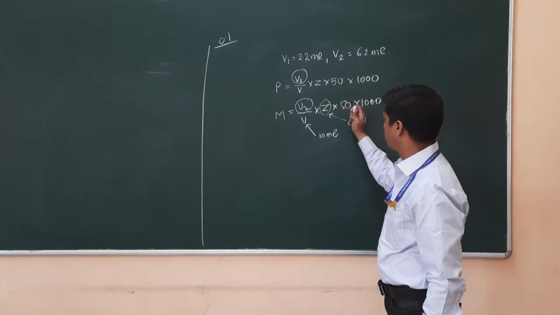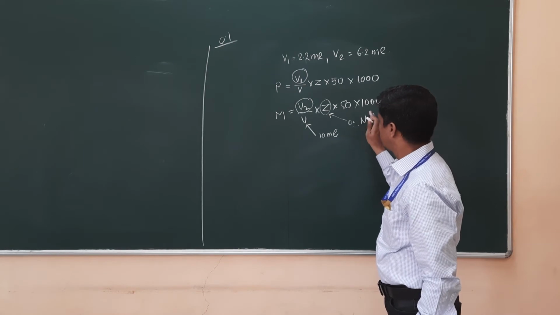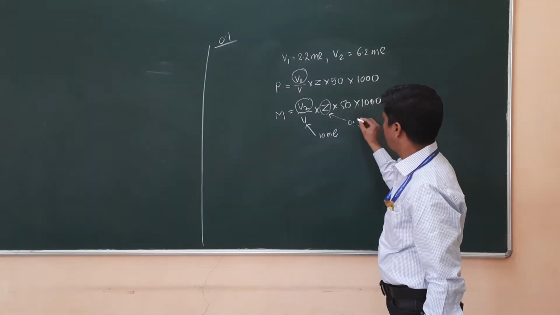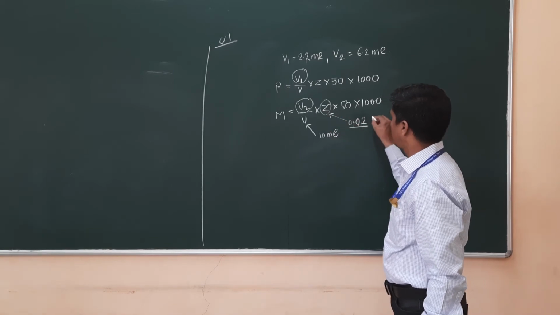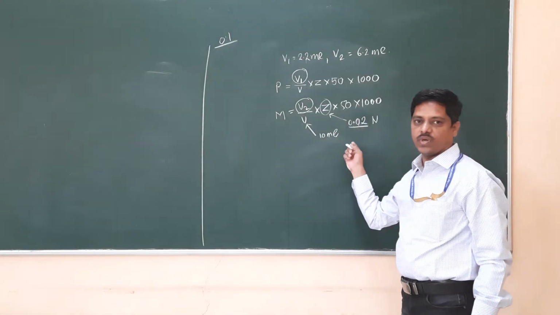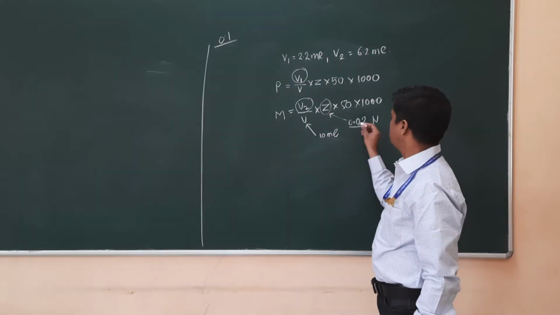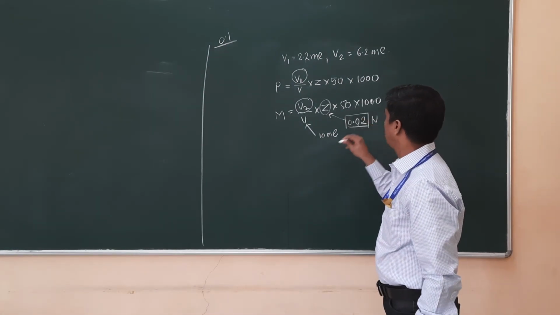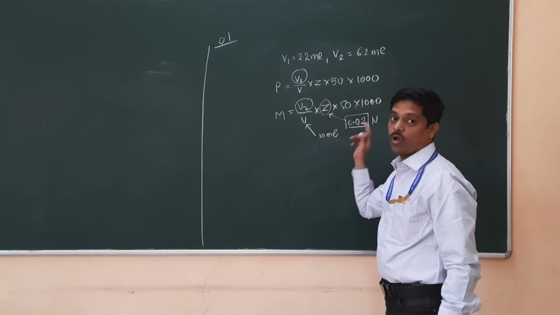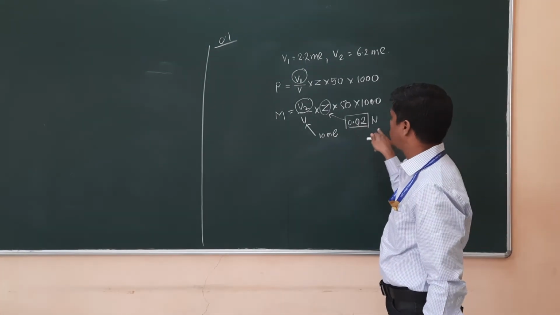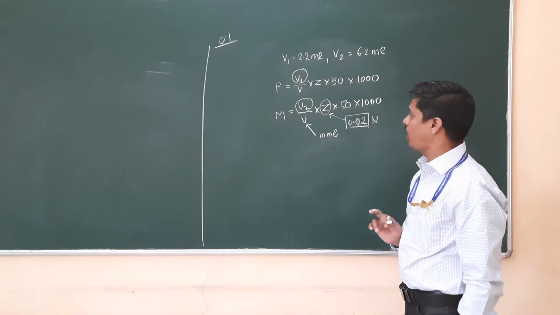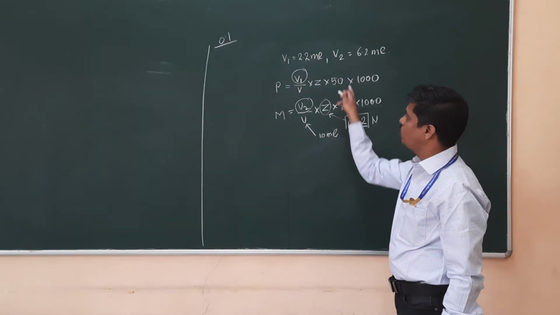Sorry, it's 0.02. So the normality of HCl is 0.02 normal. That is prepared by Pauley sir. Molarity and normality for acid is same. So 0.02 normal is the value for N. So you know all the values.